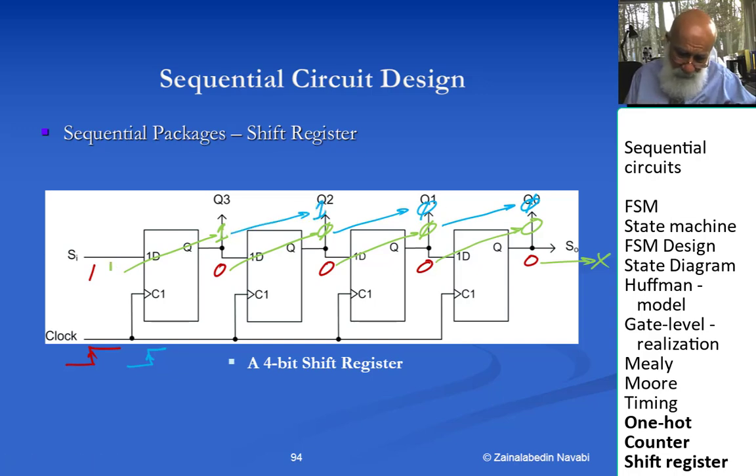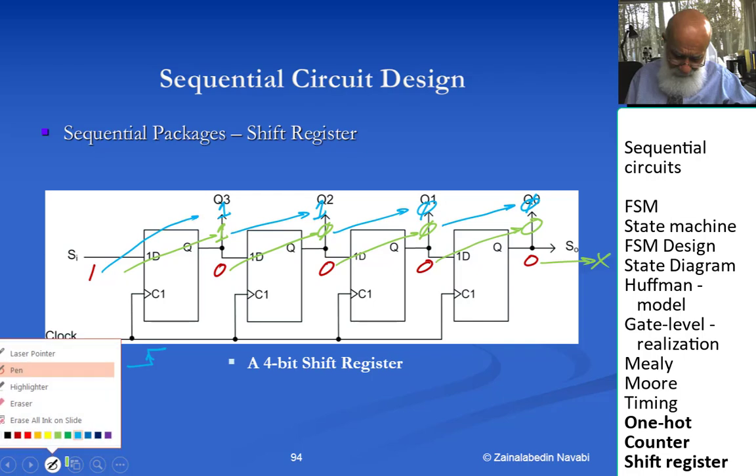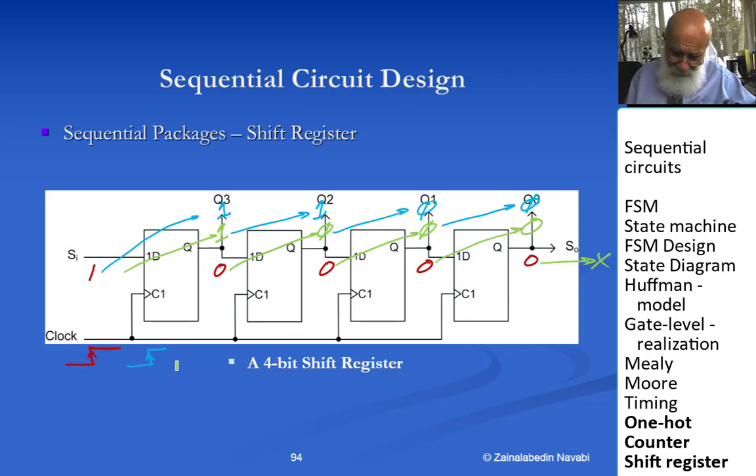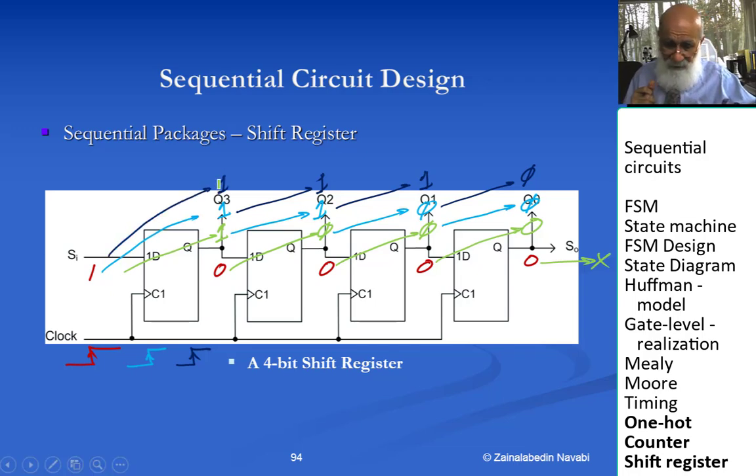And this 1 will go here. The next clock, this 0 will go here. This 1 will go here. This 1 will go here. And this 1 will go here. Okay?